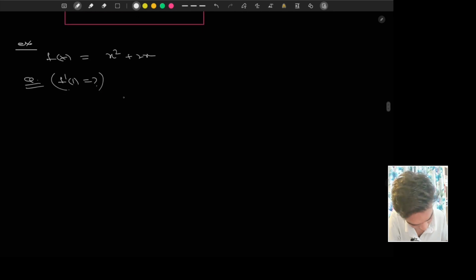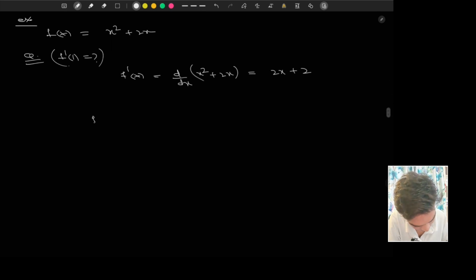You clearly see that f prime of x is equal to d by dx of x square plus 2x, and that is equal to 2x plus 2, right? And f prime of 1 is equal to 2 plus 2, which is equal to 4. So f prime of 1 is equal to 4.